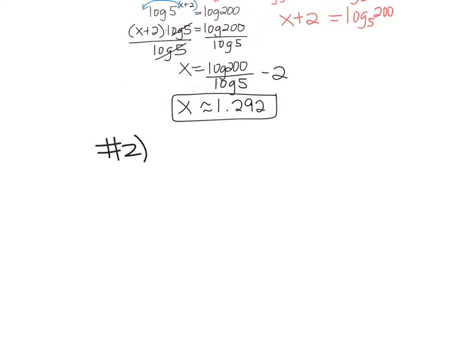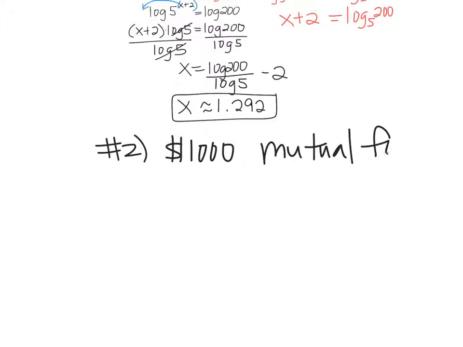All right, so a problem like the one you had last week: let's say that you decided to buy a $1,000 mutual fund, and you're going to invest that, and let's say that it averages a 2.3% annual growth.